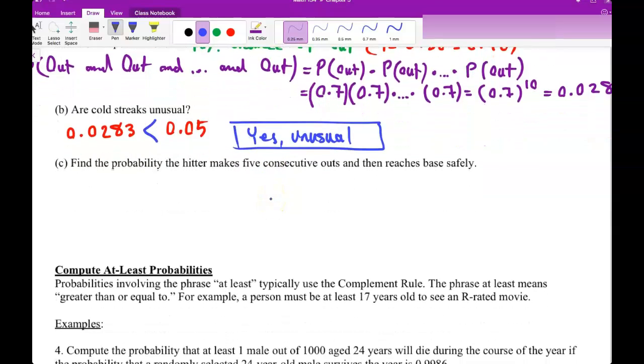Part C: find the probability that the hitter makes 5 consecutive outs, and then gets on base safely. So first he had 5 outs, so 5 failures, and after that finally he got on base, meaning that we have 5 failures and 1 success.